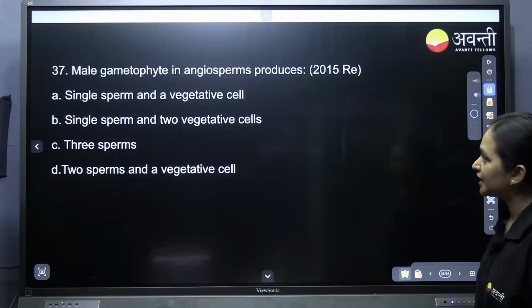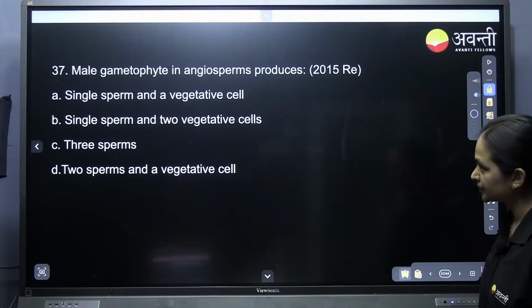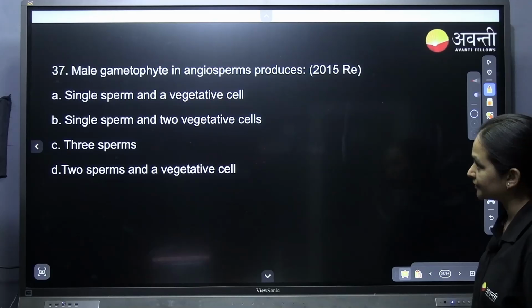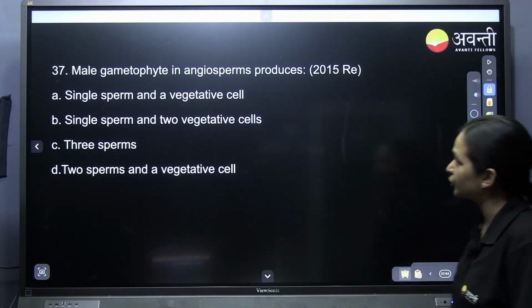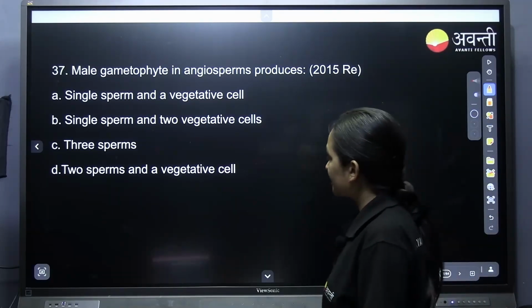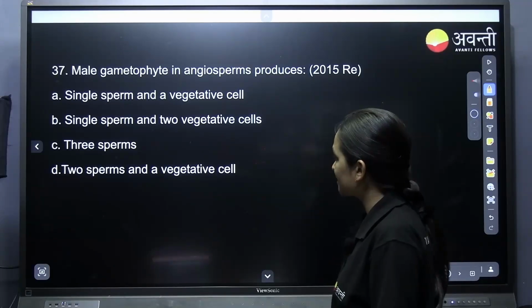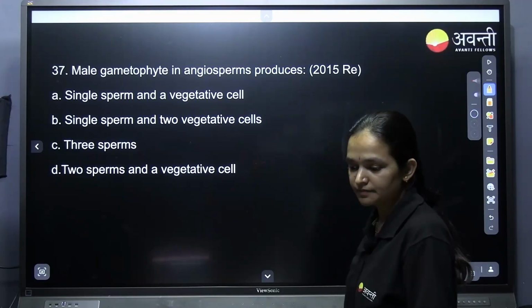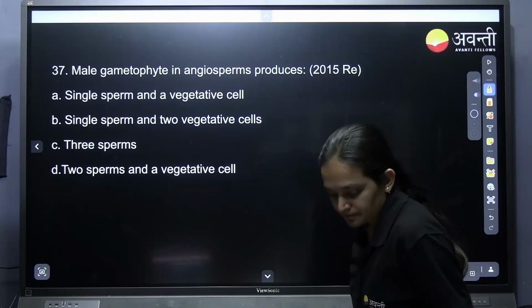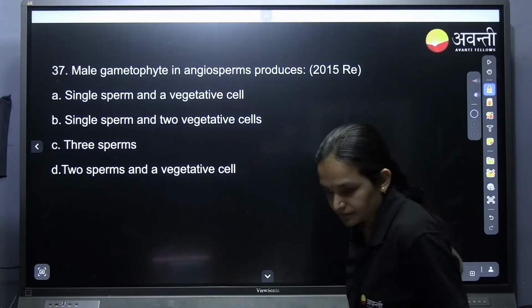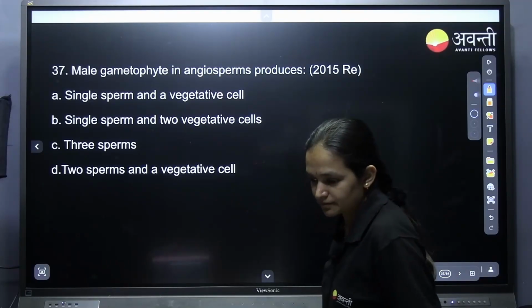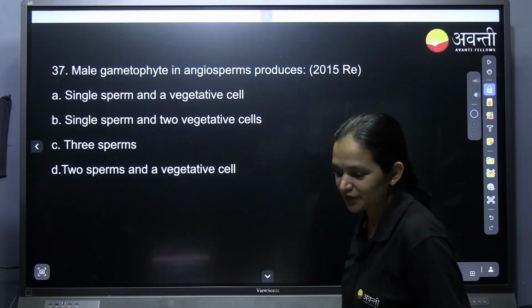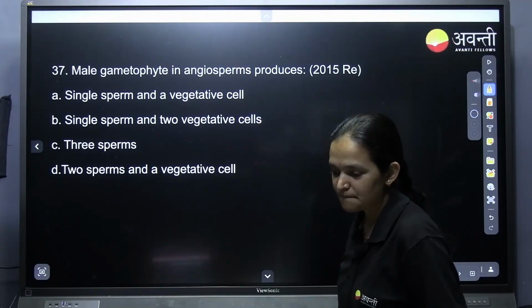Male gametophyte in angiosperms, that is the pollen grain, produces a single sperm and vegetative cell, single sperm and 2 vegetative cells, 3 sperms, or 2 sperms and a vegetative cell. Previous question we discussed, right?